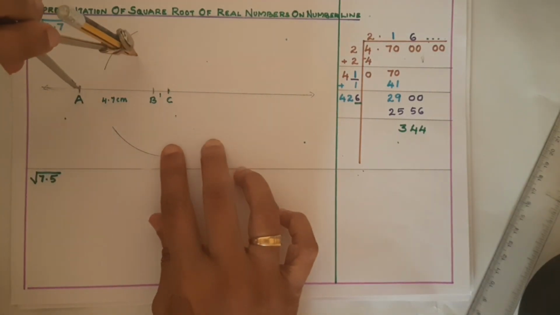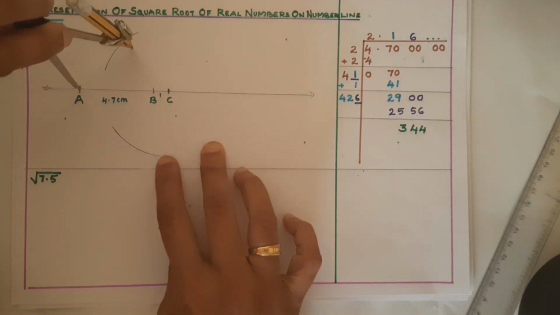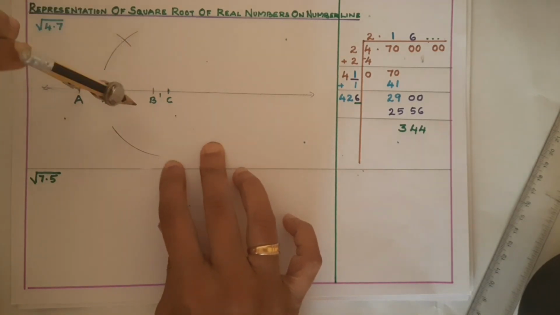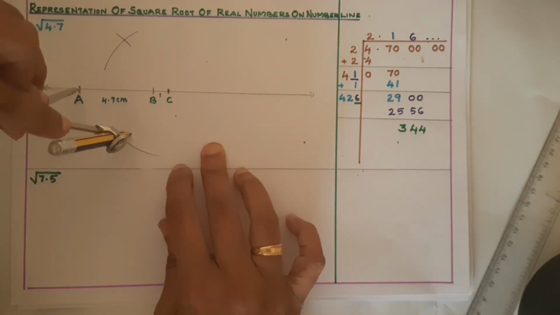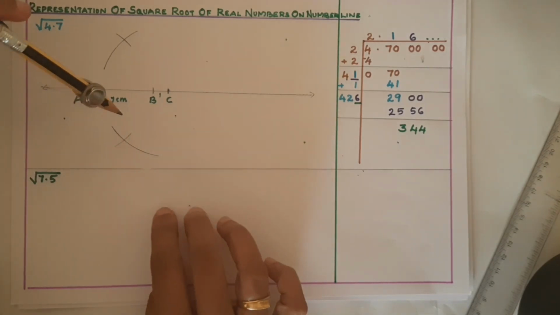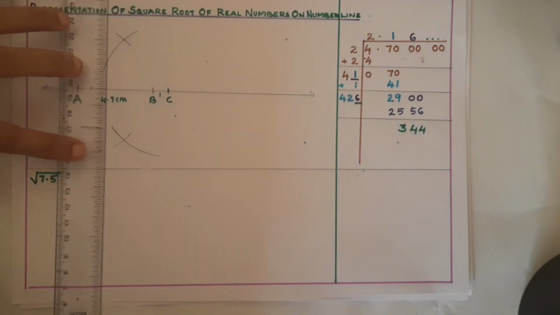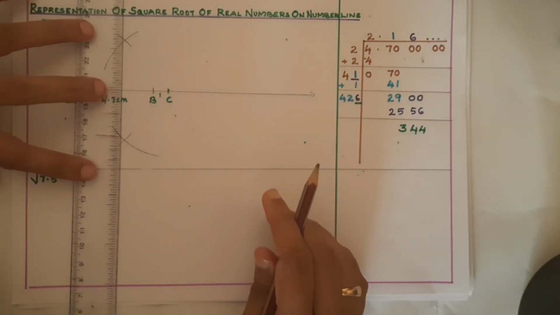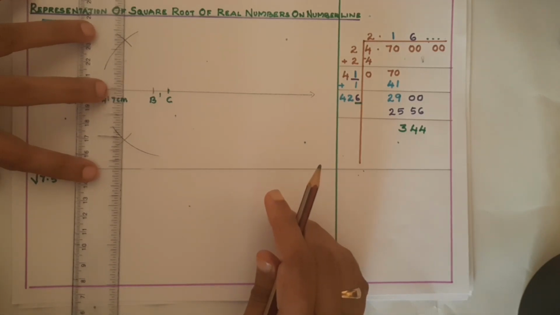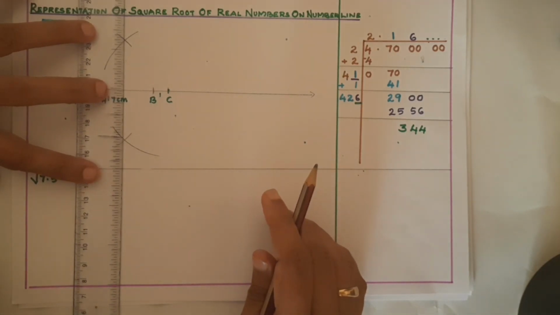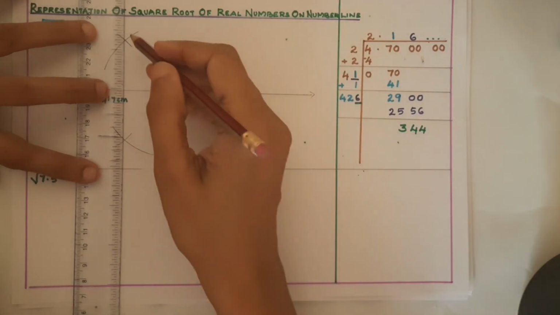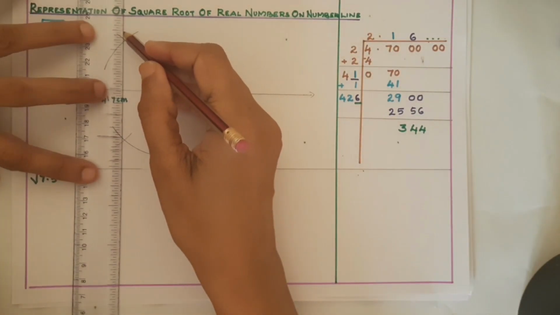You have to draw other two arcs for cutting the previous arcs. Okay, children? Now, when you join these 2 points of intersection, you will get perpendicular bisector of AC. It is not for AB, it is for AC. Okay, children?